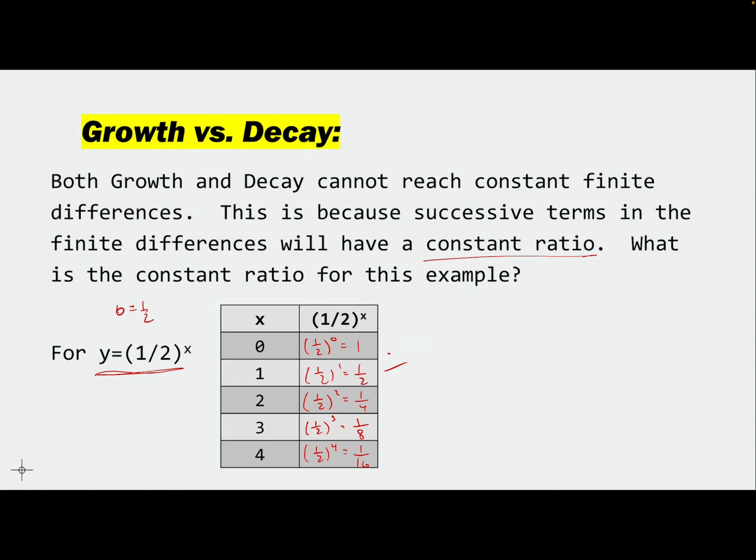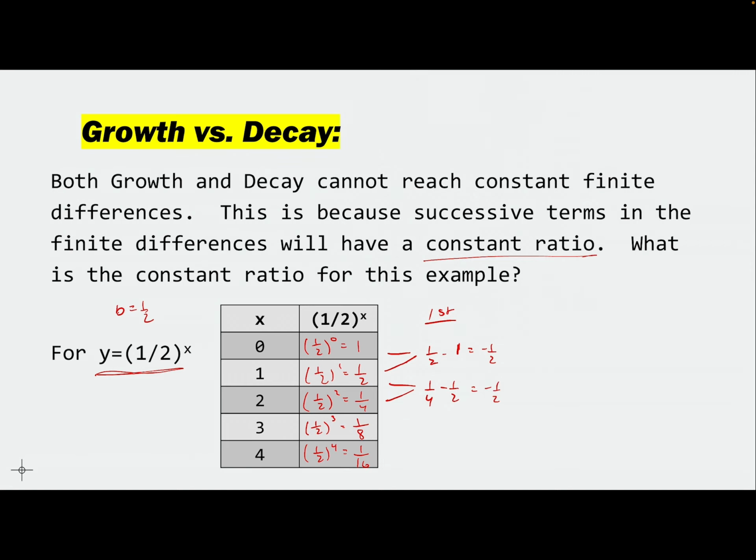Our finite differences. Let's go ahead and start the first difference. So a half minus 1. We always do final minus initial. So a half minus 1, that's equal to negative a half. Then we have a quarter minus a half. So a quarter is smaller than a half. We're going to get a negative number.